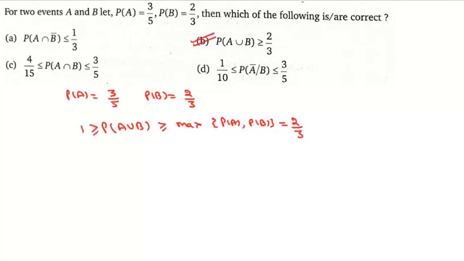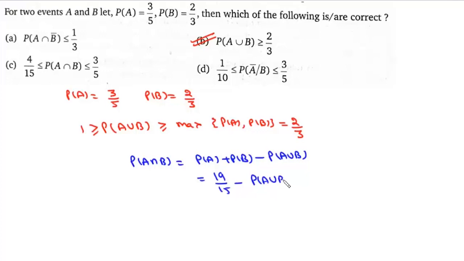Now if we look at the probability of A intersection B, it will be PA plus PB minus P(A union B). PA plus PB will be 9 plus 10, 19 by 15, minus P(A union B). Now we'll get the minimum value when P(A union B) is maximum, and the maximum value of P(A union B) is 1. So 19 by 15 minus 1 will be simply 4 by 15.